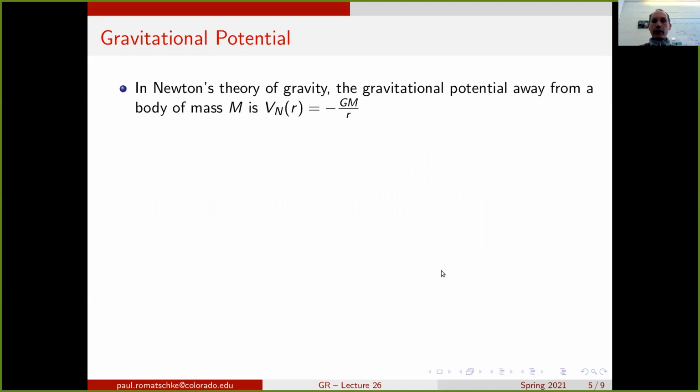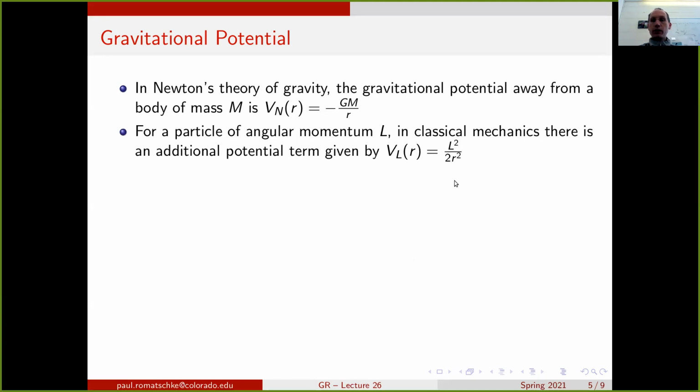Let's now compare this in more detail. To do that, we have to write down the potential in Newtonian gravity. In Newtonian gravity, the gravitational potential away from a body of mass M is given by minus G times M over the radius r.